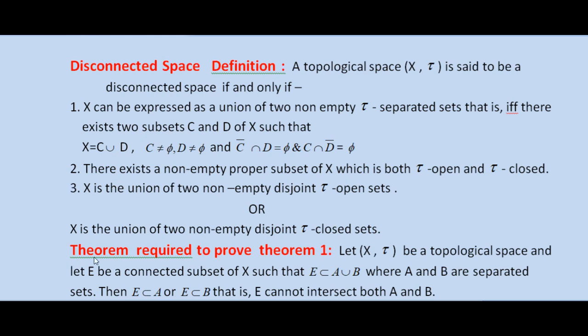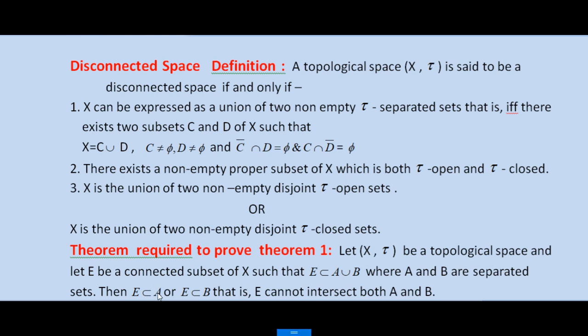Now, the theorem which is required to prove our main theorem 1 is: let (X, tau) be a topological space and let E be a connected subset of X such that E is contained in A union B where A and B are separated sets.